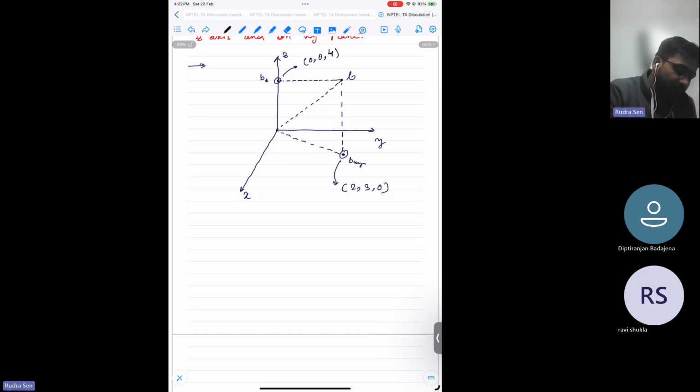So the projection of B on the Z axis is 0, 0, 4, and the projection of B on the XY plane is 2, 3, 0. Now how is it happening?